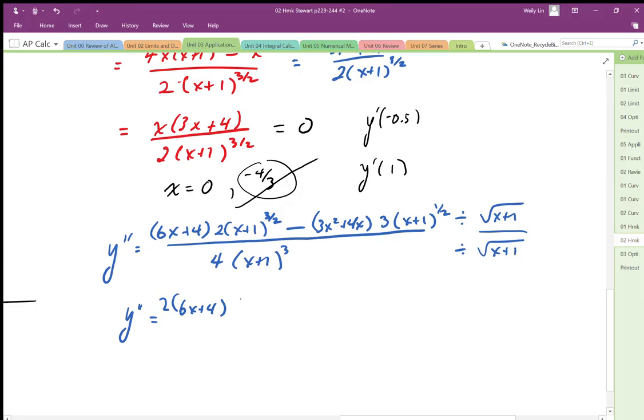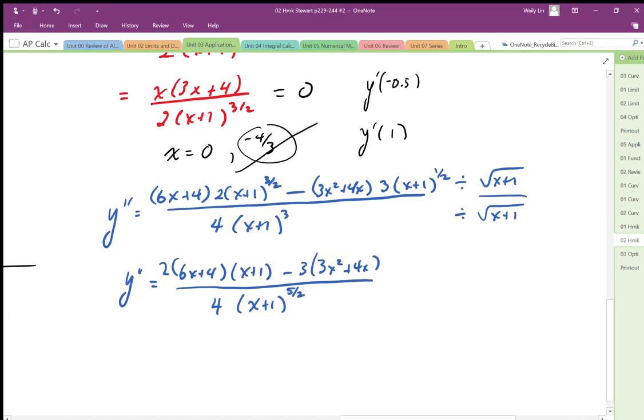I divide by root, I'm going to be left with x plus 1 minus, that's going to get rid of that square root, so I'm going to end up with 3x squared plus 4x, and then in the denominator is going to be 4, and I'm going to take away power 1/2 from here, so x plus 1 to the 5 over 2. So this is 3, this is 2.5, because I'm dividing by a square root, so I'm going to take away a 1/2 power.